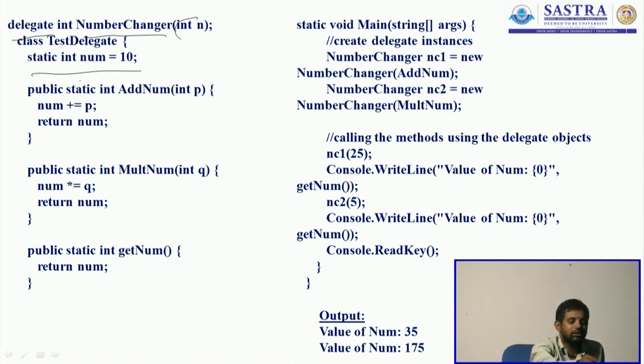Then we are creating another static method which is nothing but add num of the type integer, right? It is also accepting one value called p. That p, whatever we are passing, is going to get added with the static variable called num, so that you will be in a position to return this num.